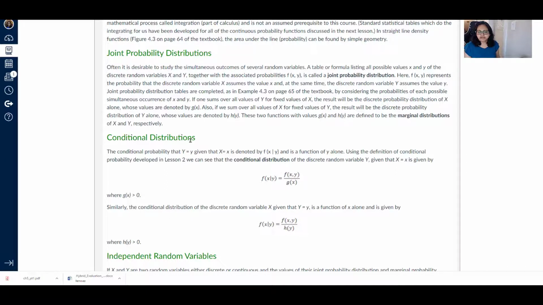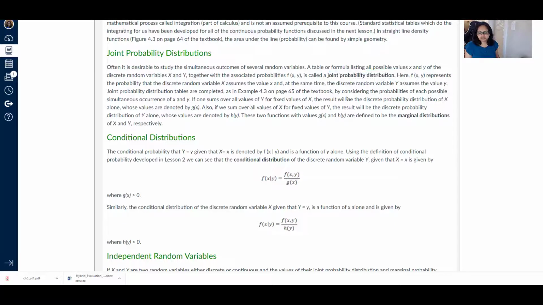When we have two random variables that are associated and joint, that means if we change one, the other might change or may not, then we have to think about how we can find the joint probability distribution. That's what I will try to show you using an example.